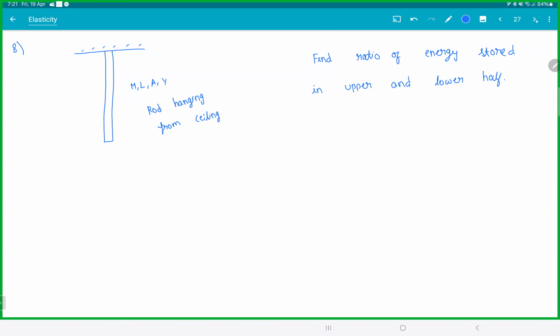Seven is to 1. Okay. Maybe. We have one answer. Anyone else got 7 is to 1?